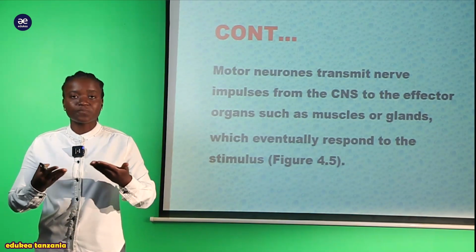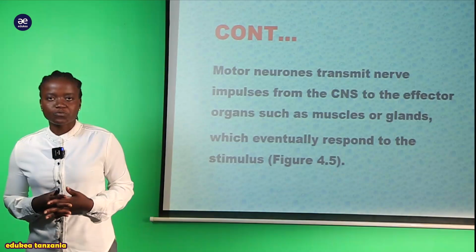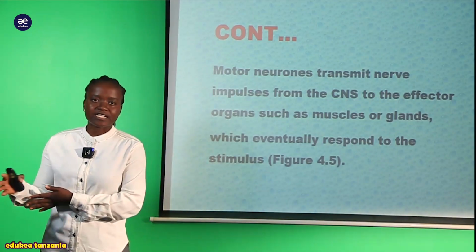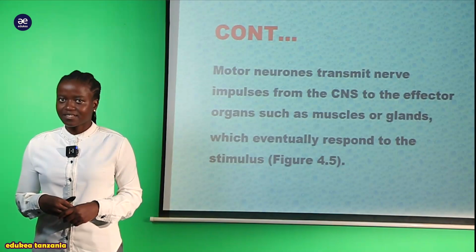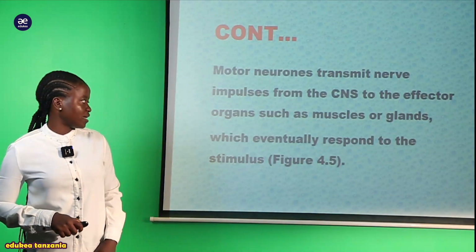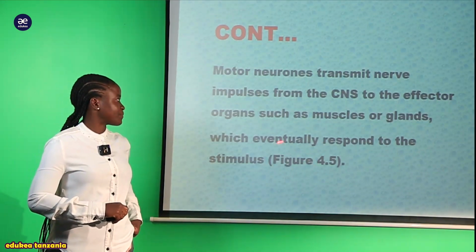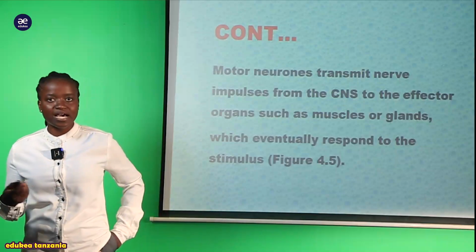So this effector will provide an appropriate response, either to run from the stimulus or to stay within the stimulus.